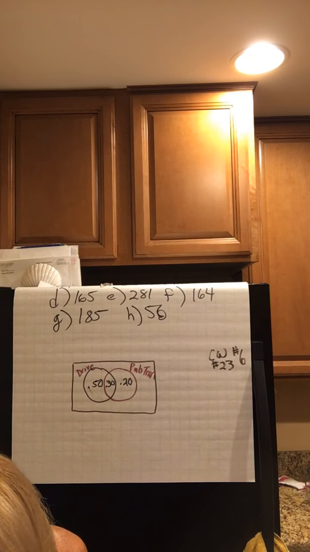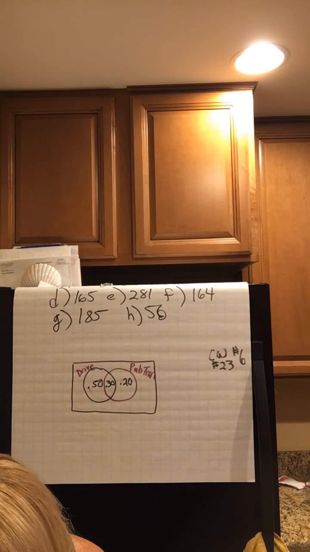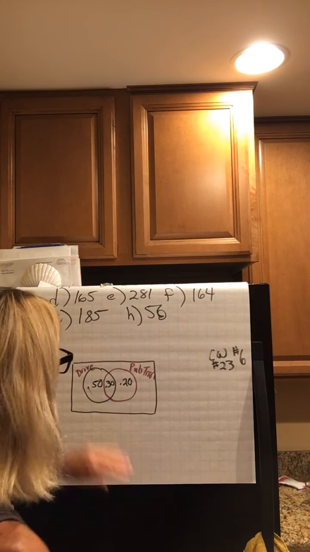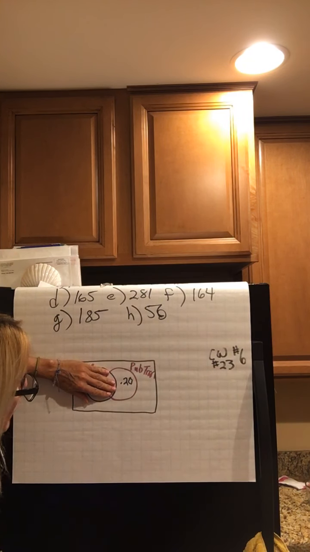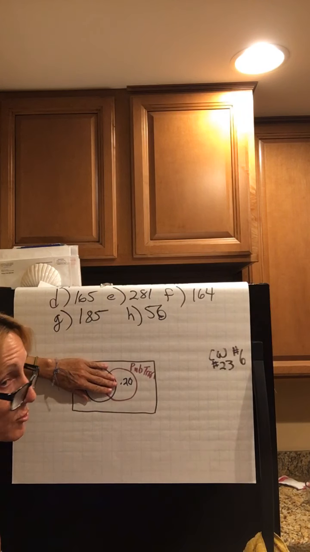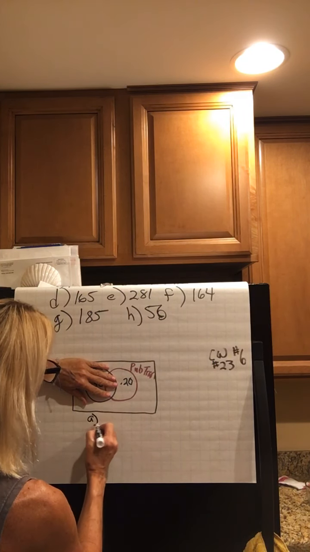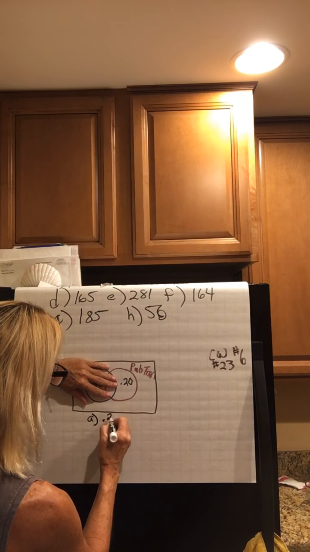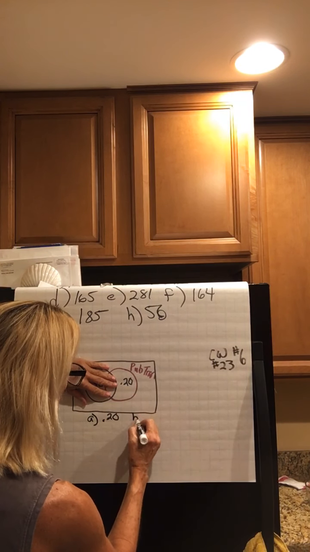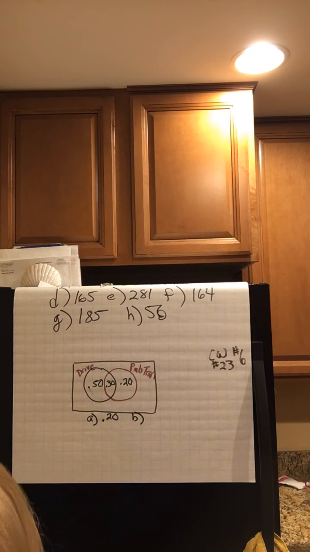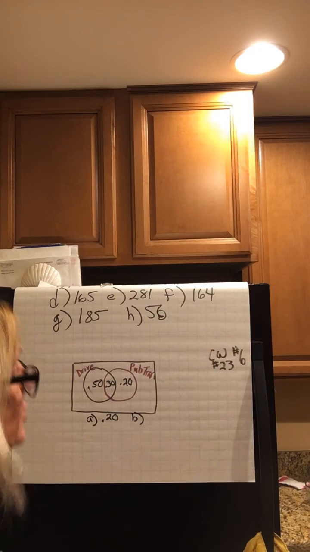Okay, so then A says, what is the probability that a randomly selected student does not drive themselves to class? Does not drive them. There's drive, there's not drive. So it's outside the black circle. So A, and there was a mistake on the key, but I put a note, if you ever read my notes on the outside. Okay, so there's A. B says, what is the probability that a randomly selected student does not take public transportation?